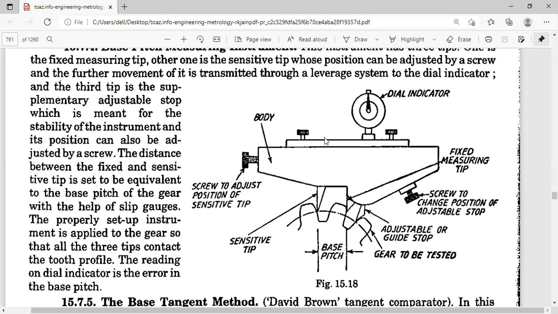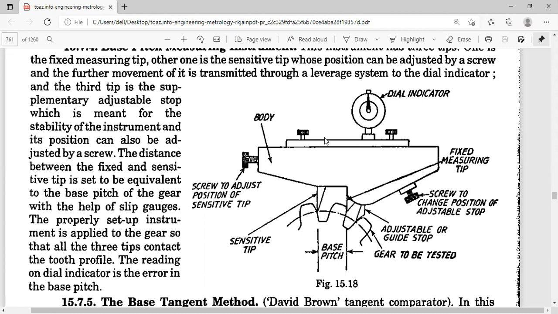So in the same method, you can alternatively follow this also. The actual error you are calculating, you can detect from the individual reading on the dial gauge.